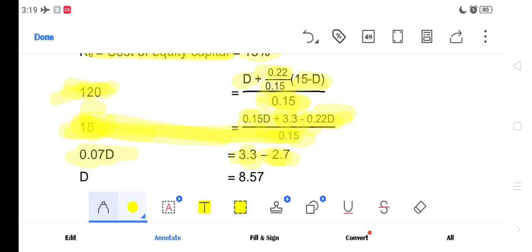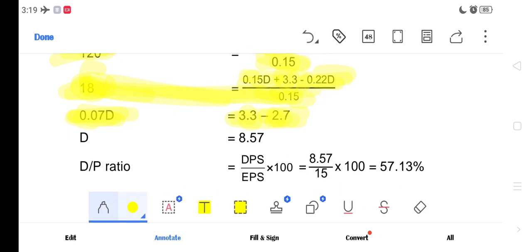So this is that 0.07D, which is shifted from RHS to LHS, and this 18 into 0.15 is shifted there. So 3.3 minus 2.7 gives something, and if you divide that by 0.07, you get the total D as 8.57, right? So this is the dividend.